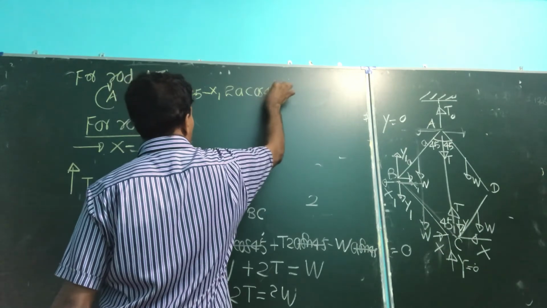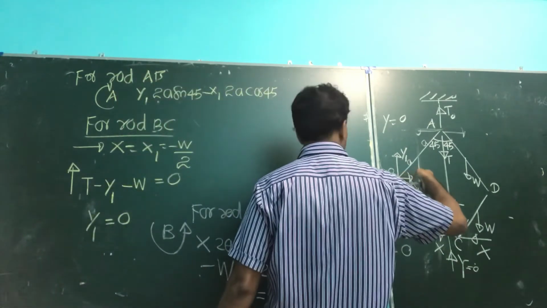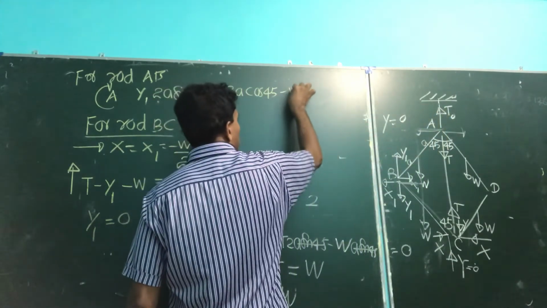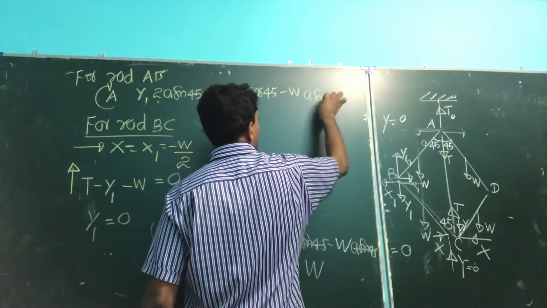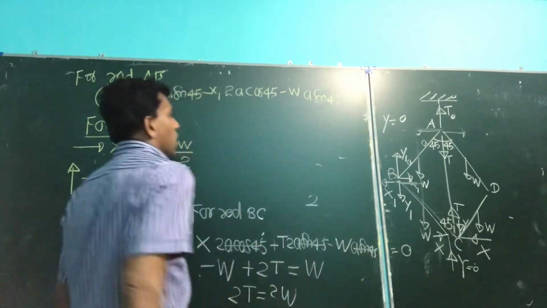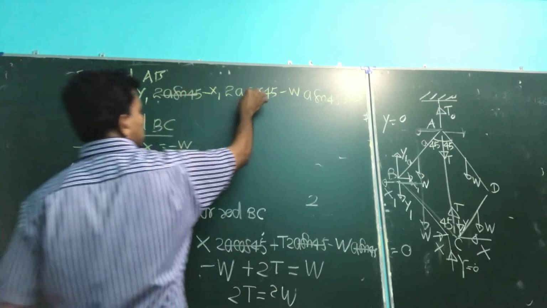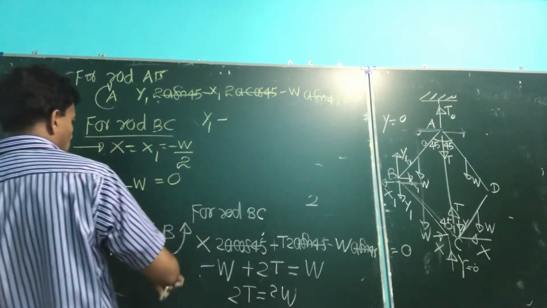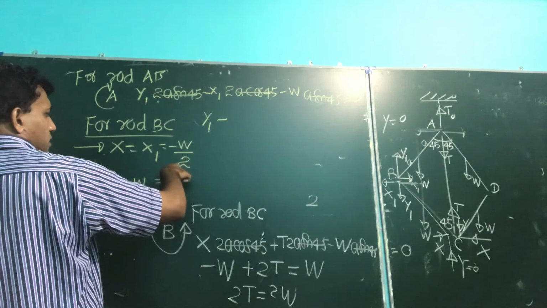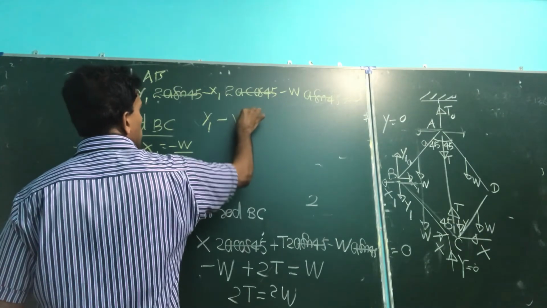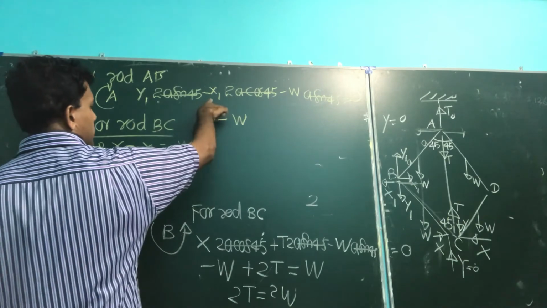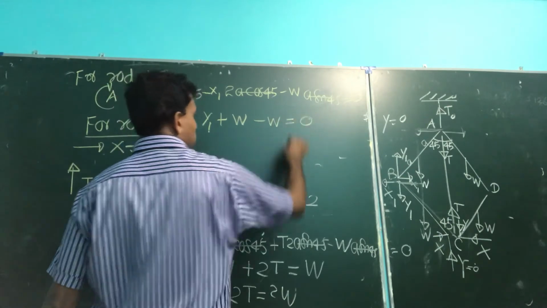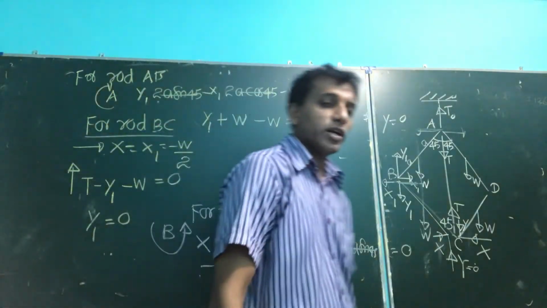W is available, minus W a sin 45, equal to 0. Therefore a sin 45 and cos 45 are all the same, cancel. So Y1, what is minus 2X? You know that minus W. If you doubt, Y1 is 0.